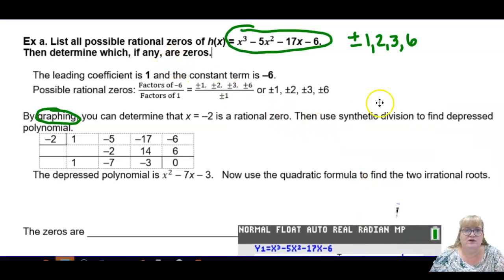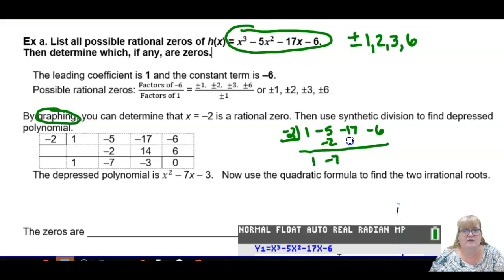So we put the 0 of -2, and we do synthetic division. 1, -5, -17, -6, no zeros needed or placeholders. Bring down, multiply, add, multiply, add, multiply, add. So we end up with what is called a depressed polynomial.